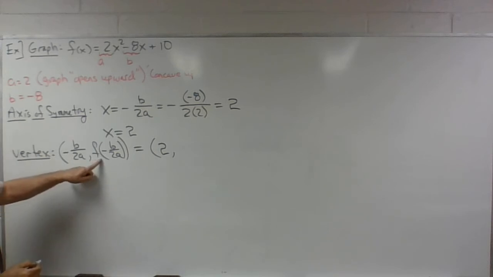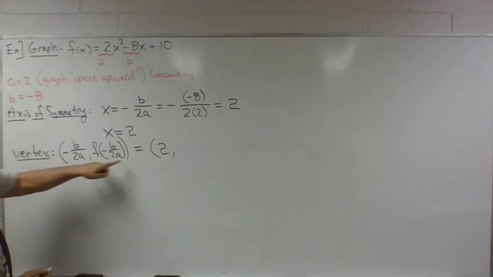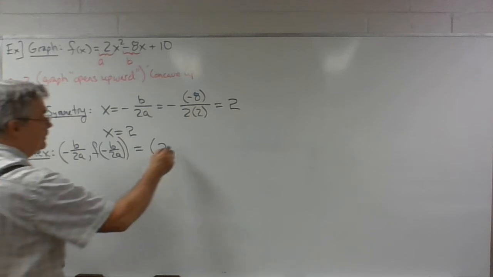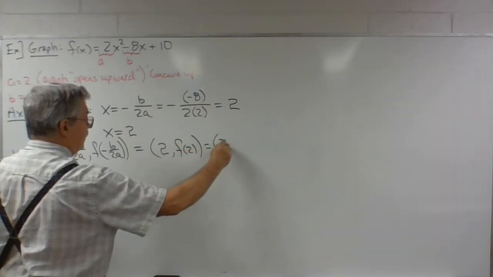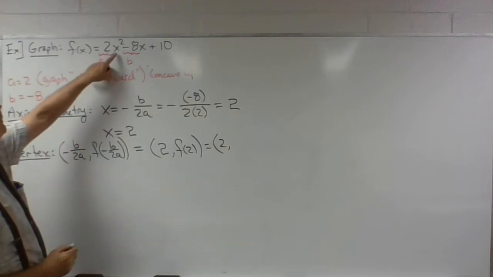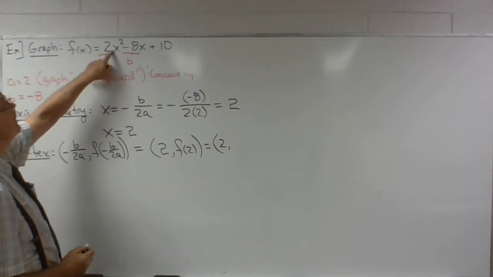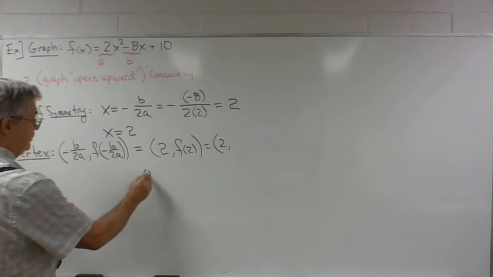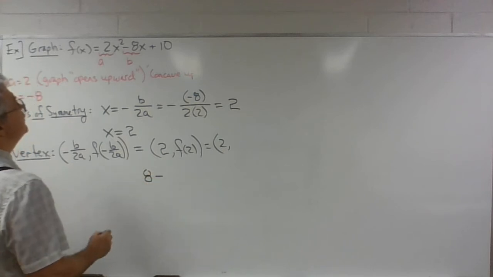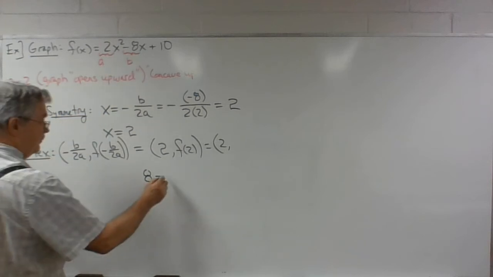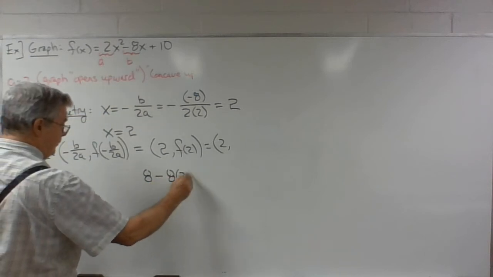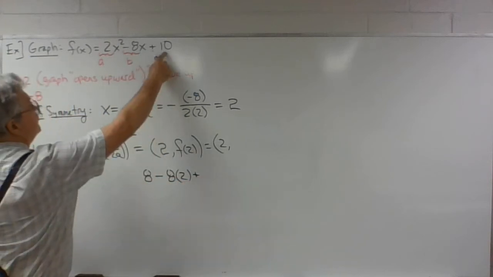And what do we get when we evaluate f at 2? 2 squared is 4 times 2 is 8, minus 8 times 2, plus 10.